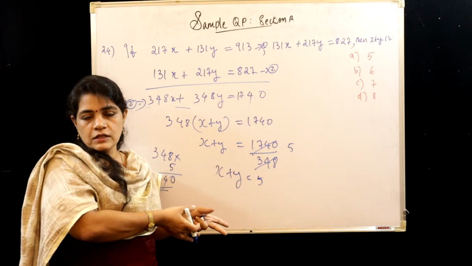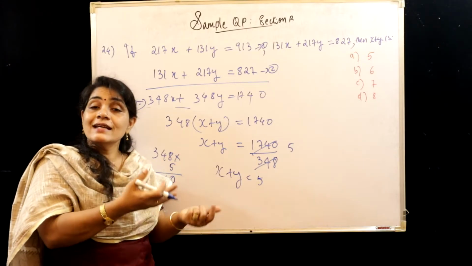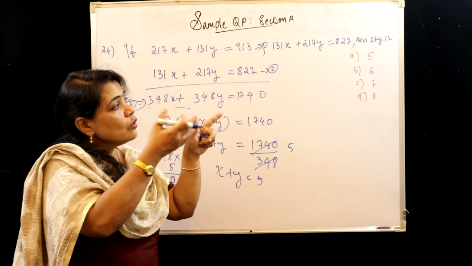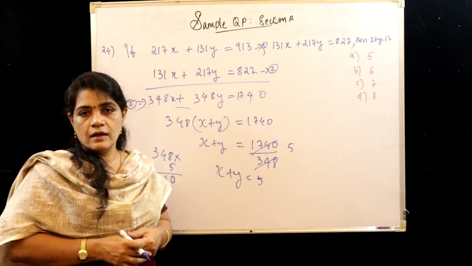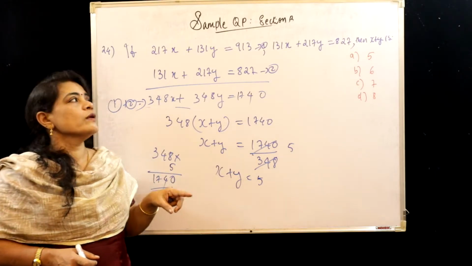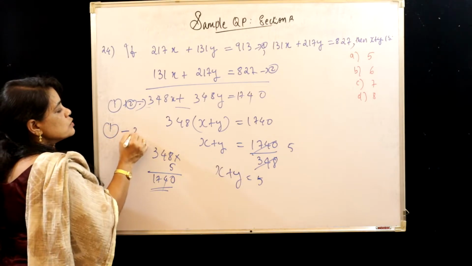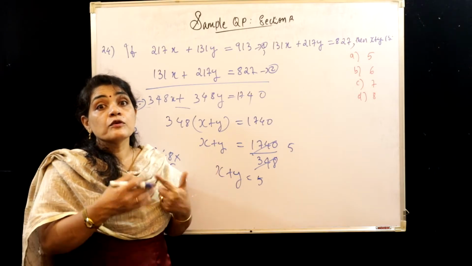The first way is x plus y, the second is what x and y are exactly, you may get the options in pairs, and the third is what x minus y can be. To get x minus y, you have to do 1 minus 2. So these are the different possibilities.